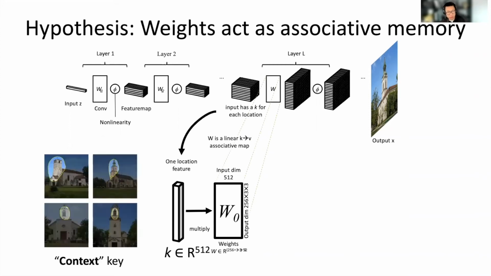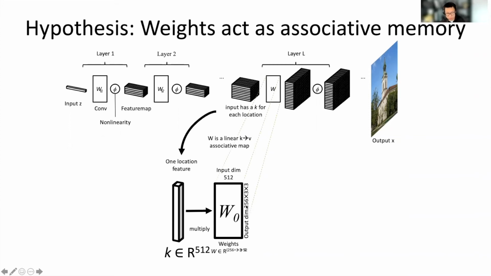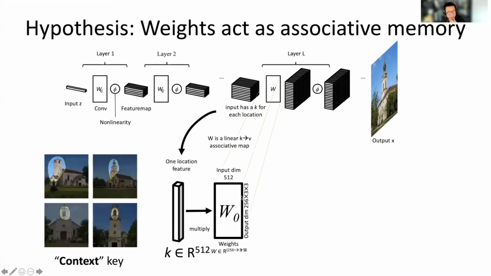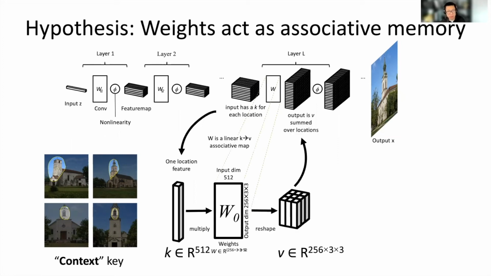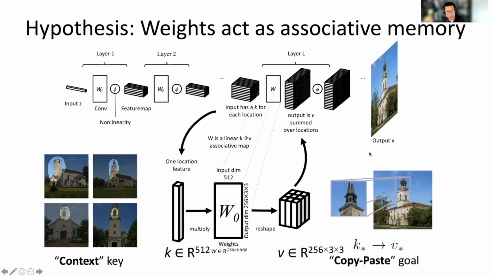And then it produces 256 output channels, but the convolutional kernel is also 3x3. So for example, maybe some input keys correspond to the tower features. And then you produce the output, and you can shape it into a 3x3.